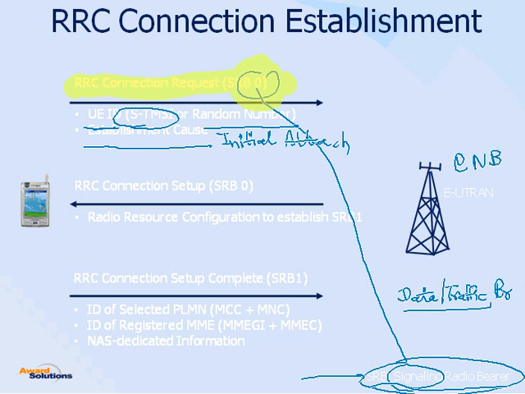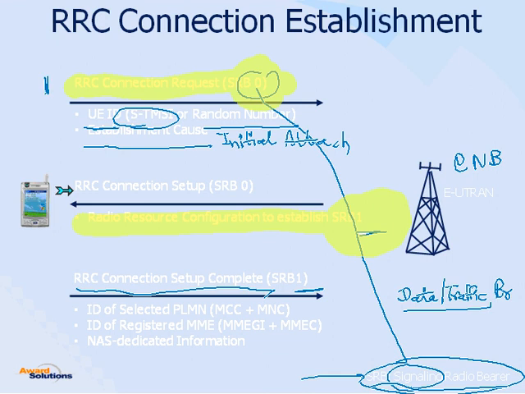The eNode B responds to the connection request by sending the RRC connection setup message, and inside that we will include the resources so that we can set up bearer number 1. And using that signaling radio bearer number 1, we are sending a message, RRC connection setup complete.